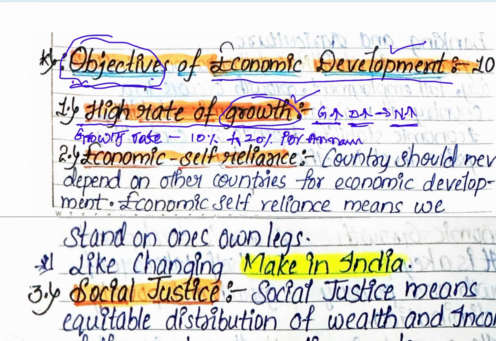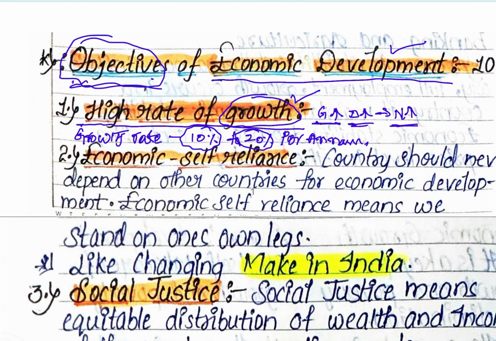That is called a high growth rate per annum. So what growth rate should the country achieve? 10 to 20% is compulsory. Increasing the growth rate is nothing but increasing production.